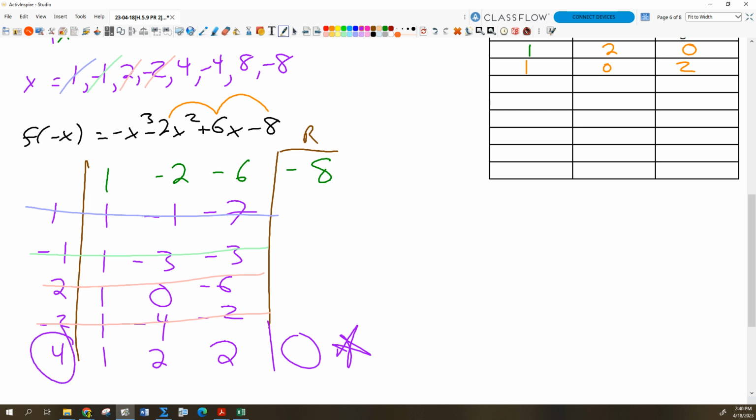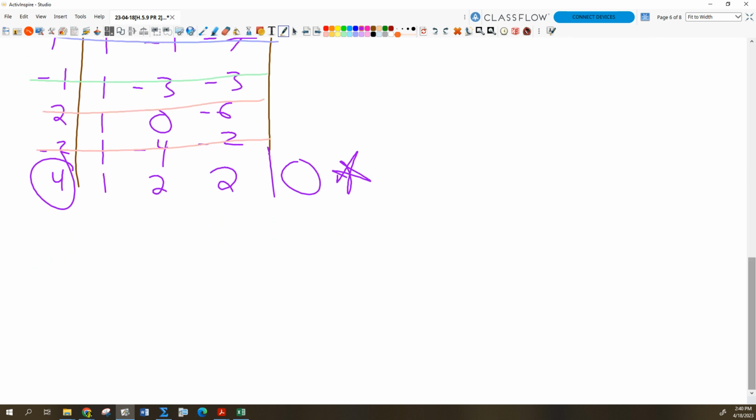And now all we have to do after that is find the zeros of this quadratic factor. Right? So we're just going to set x squared plus 2x plus 2 equal to 0 and solve. Okay, well, that's no big deal. How would we solve that quadratic? Probably quadratic formula, because we don't have magic numbers, do we? Right? So then x equals what?